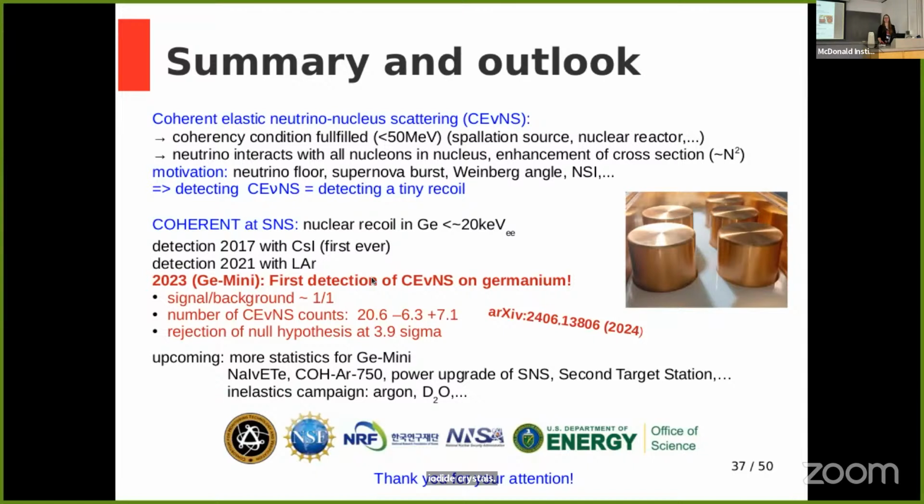Now we have this first measurement in ionization energy with Gemini, where we had a significance of 2.9 sigma. This is the first data set, and the goal is now to collect much more data to significantly reduce the statistical uncertainty and have a precision test of the Standard Model of particle physics. So thank you for your attention.